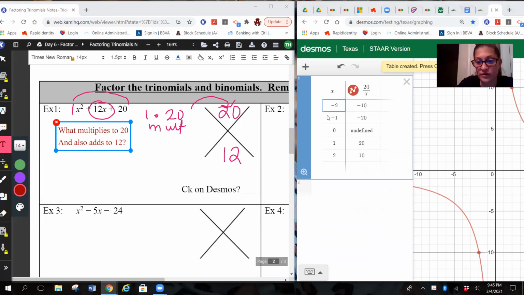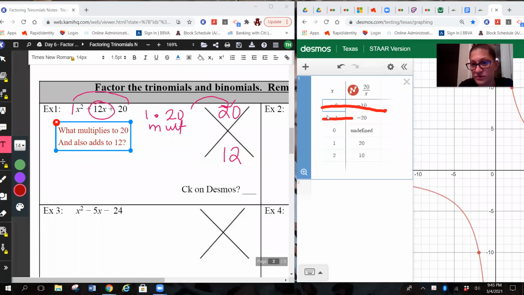None of these factors are going to work because those give me negative answers. So let's start with the positives. I know that 1 plus 20 is 21. Here it is. 2 and 10 make 12.